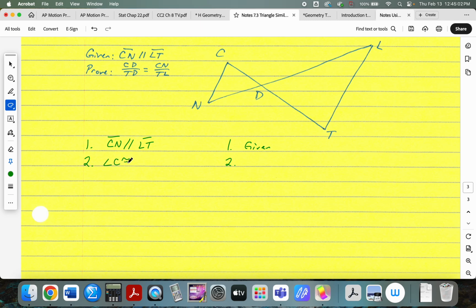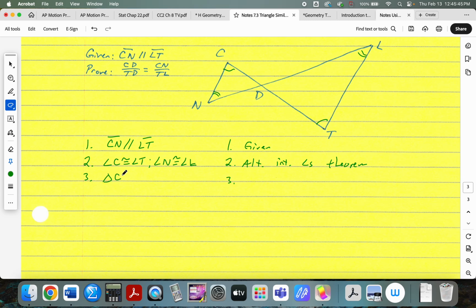Yeah, angle C is congruent to angle T, and yeah, angle N is congruent to angle L. And how do we know that? Yeah, it's the alternate interior angles theorem. What's that enough to let me do? Say the two triangles are similar.